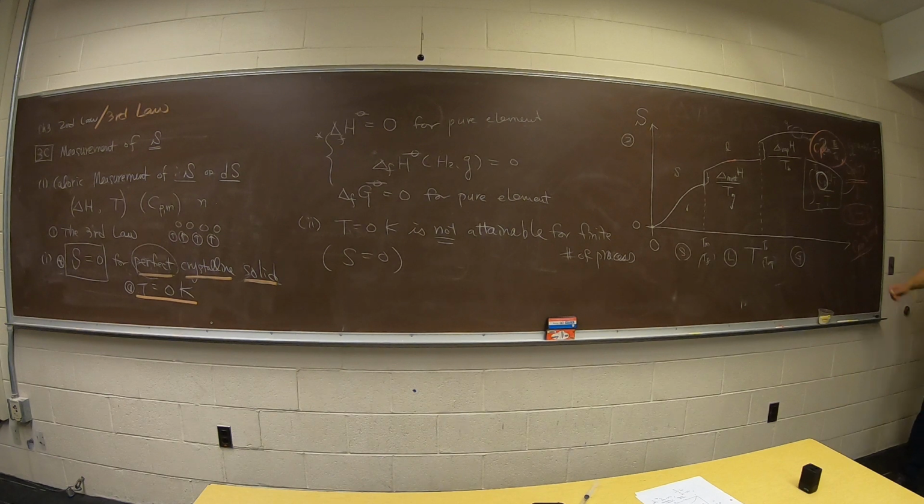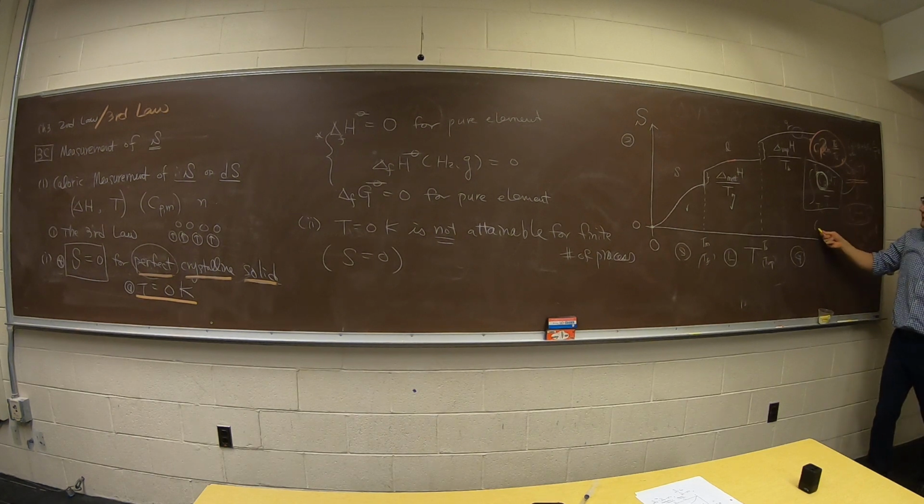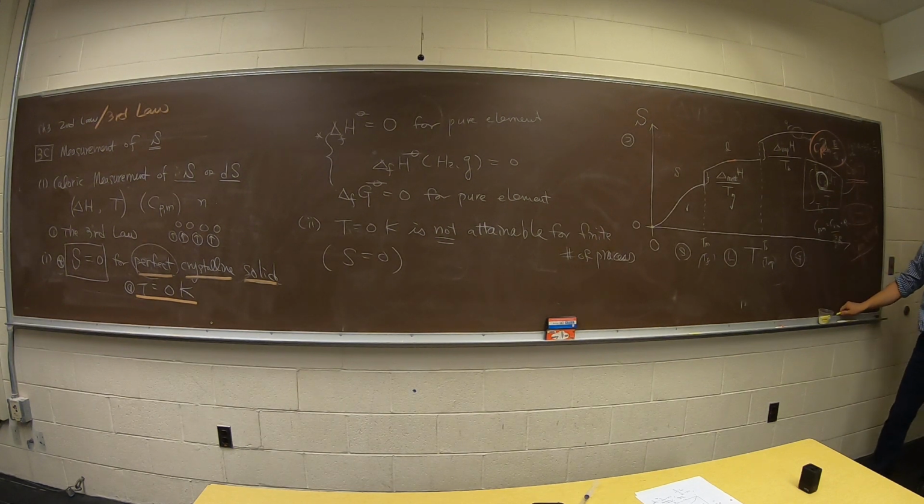For gases, it's okay to take it as a constant value. You remember Cp,m is Cv,m plus R for an ideal gas, and this is typically 3/2 R for a monoatomic gas. So this is a sort of constant value. But as far as liquids and solids are concerned, this is not a constant value.